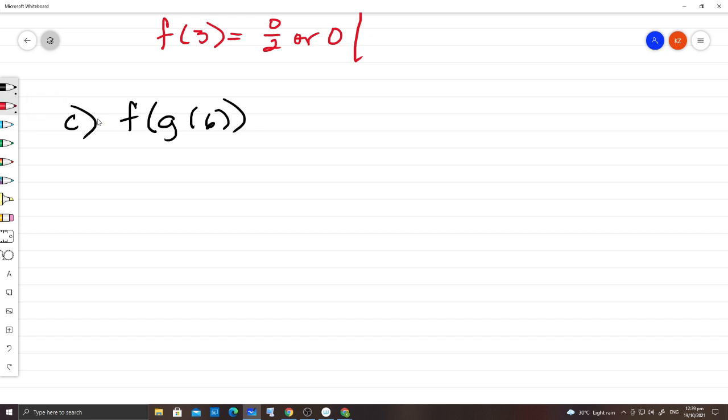First let us find the value of g of 6. So we have 3 times 6 plus 1, so 18 plus 1. We have 19.